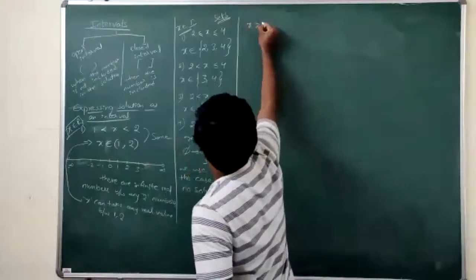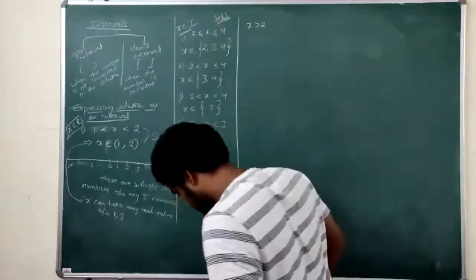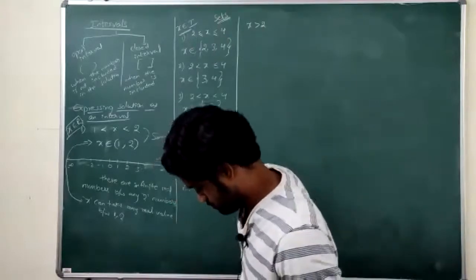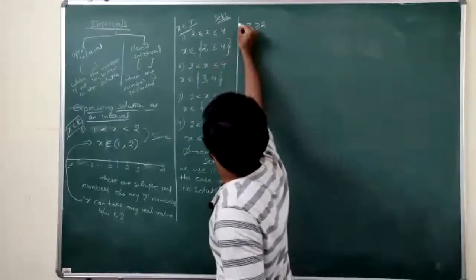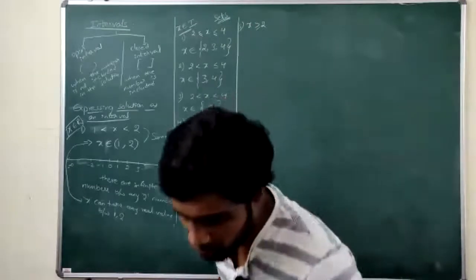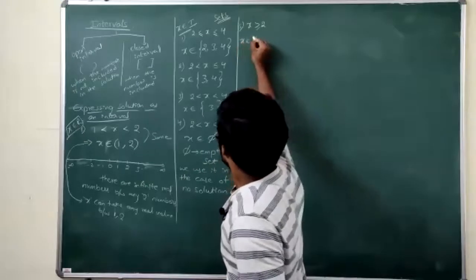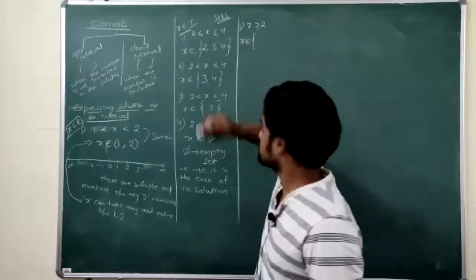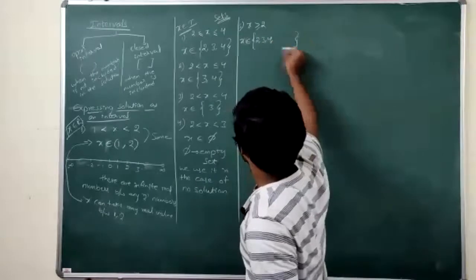x > 2. Again, same, x belongs to integers only. Or starting with x ≥ 2, x belongs to the set {2, 3, 4 and so on}.